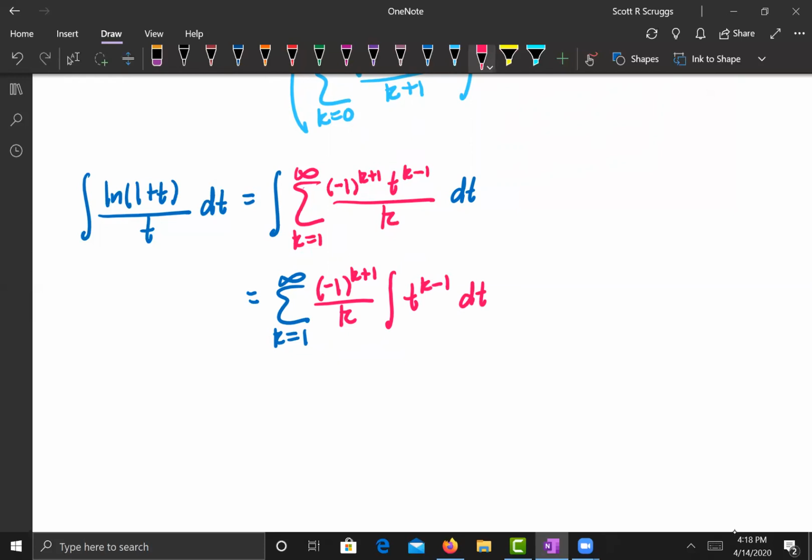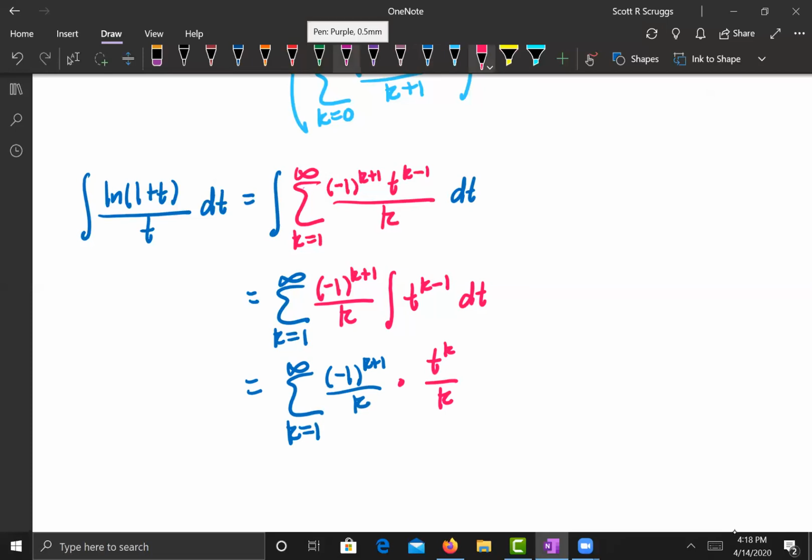Now I get to use my antiderivative version of the power rule, which is I add 1 to the old exponent to give me my new exponent, and then I divide by the brand new exponent. If I add 1 to k minus 1, I'll get back k, and then I divide by k. So I have the sum k equals 1 to infinity of -1 to the k plus 1 power over k times t to the k power over k.